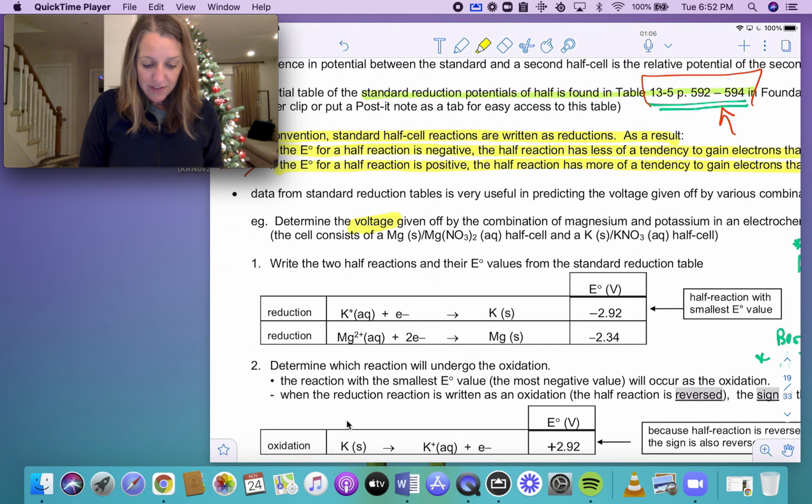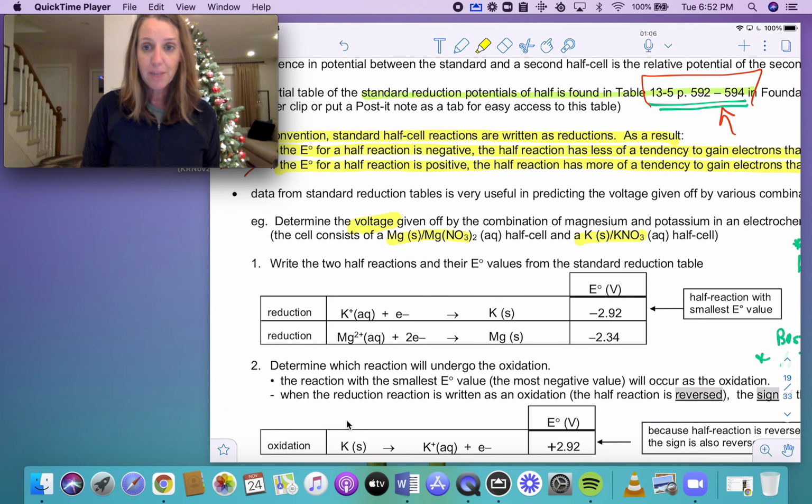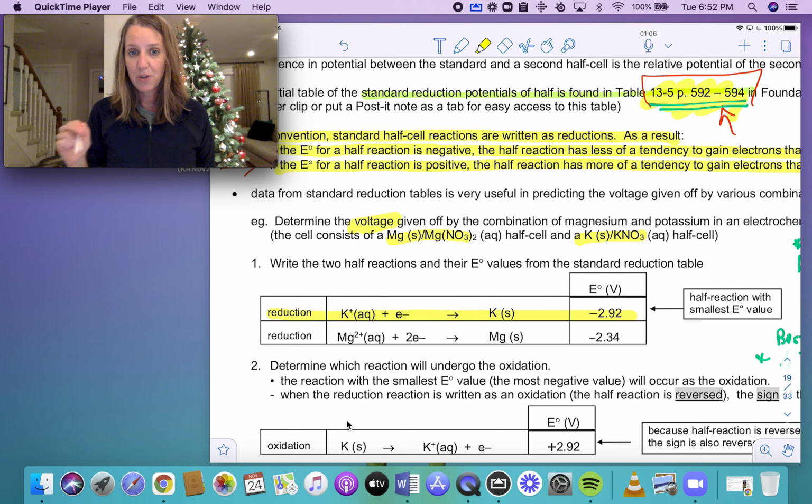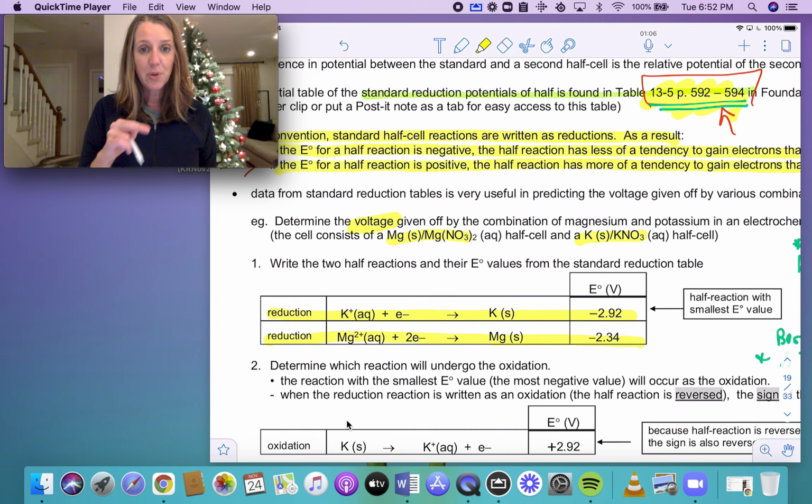If you were given this question of magnesium and potassium, I want you to look up the two values in the standard reduction table. Go to the textbook, find these two. Because it is the reduction table, it shows you the potassium in the reduction way, and it shows you the magnesium in the reduction way.